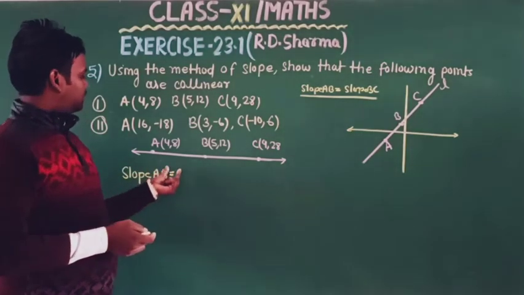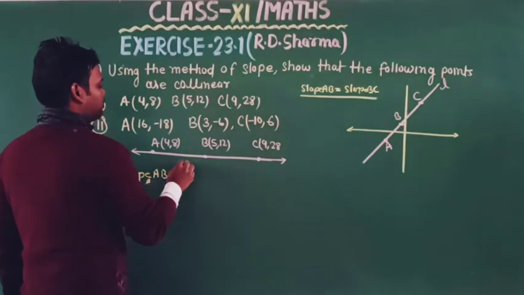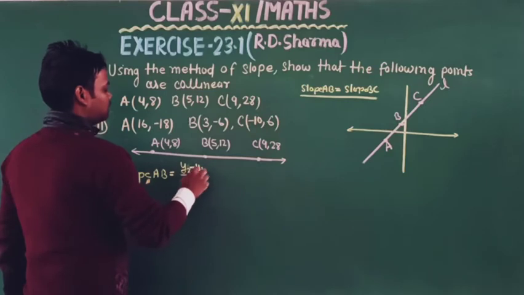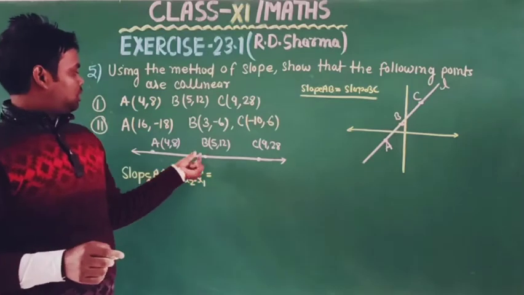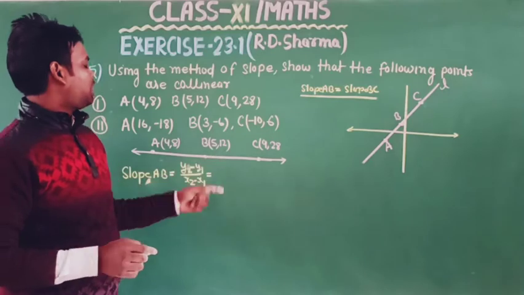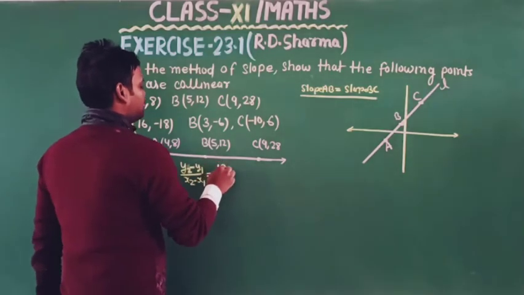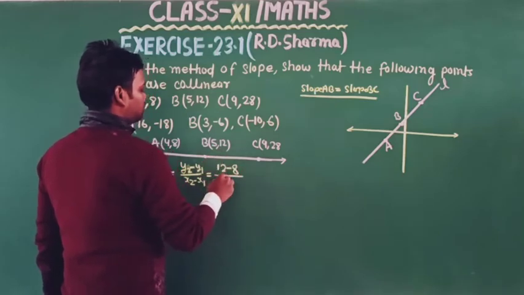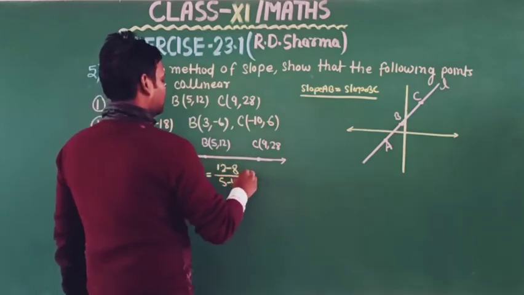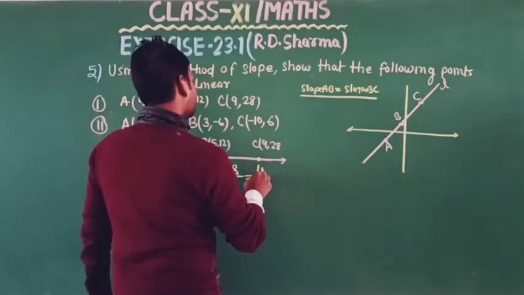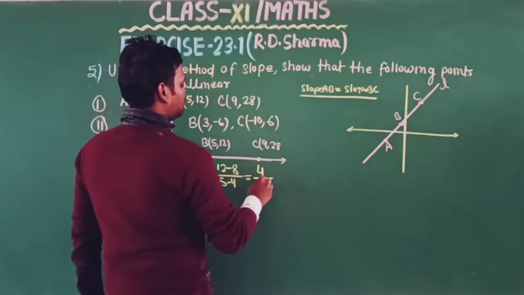That would be calculated by using the formula y2 minus y1 upon x2 minus x1. Here this is the x1 and y1 coordinate and this is the x2 and y2 coordinate. So 12 minus 8 upon 5 minus 4. 12 minus 8 is 4 and 5 minus 4 is 1.